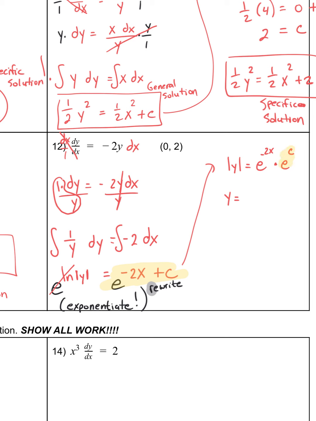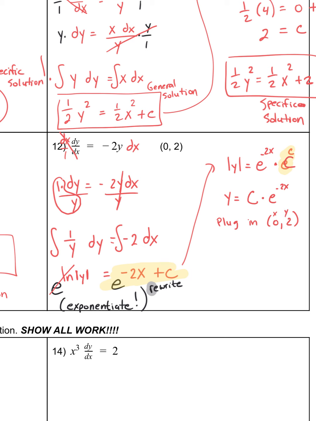This right here, I'm going to highlight it. This is my c value. So I'm just going to put that in front. This is the same as c. So c times e to the negative 2x. Now I can plug in my point. 0, 2. 0 is my x, 2 is my y.